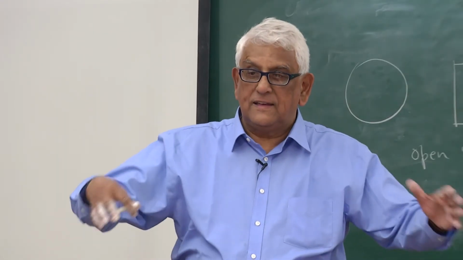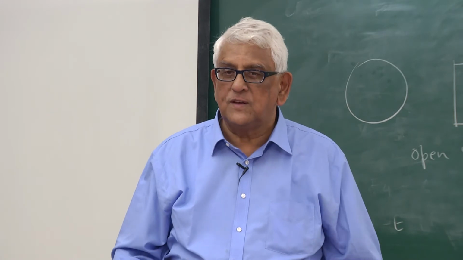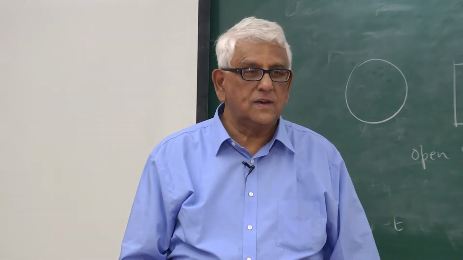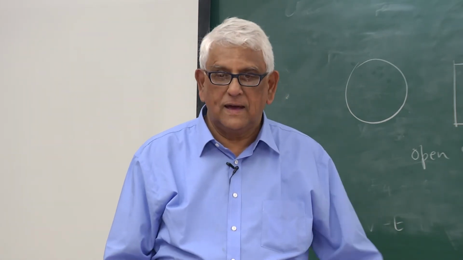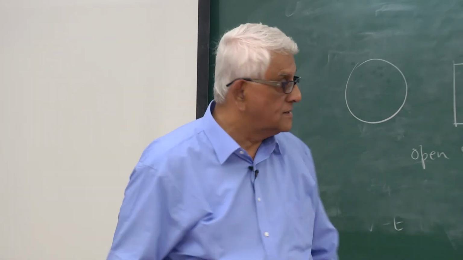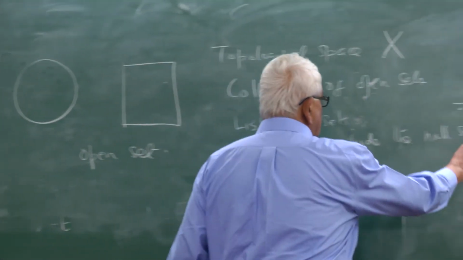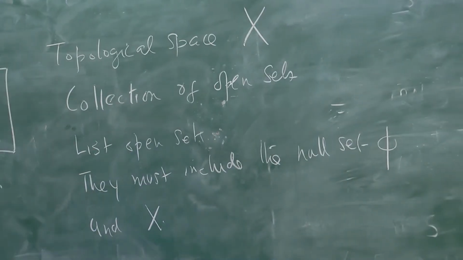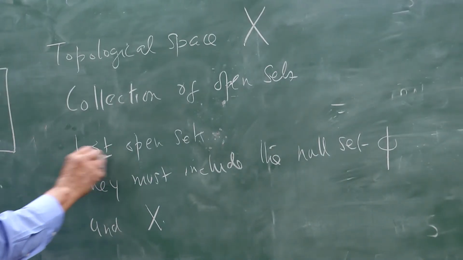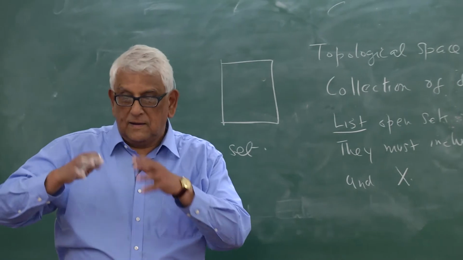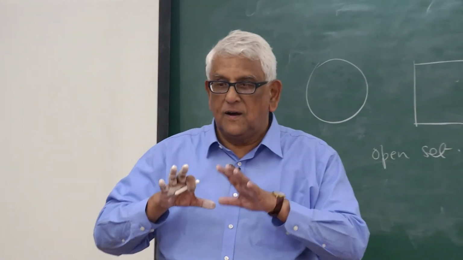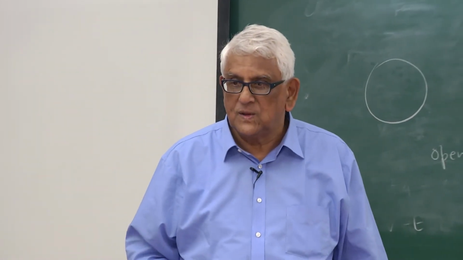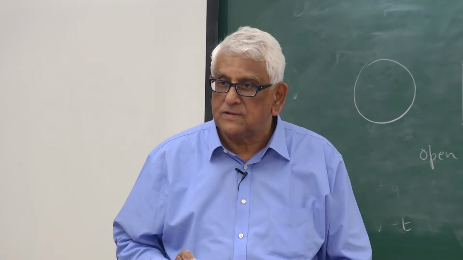So, assigning a topology, the simplest or the crudest way is to say I have only 2 sets, X and phi, the null set. Each time I give you such a list, I give you a topology on X. There are many ways of doing it, you see.